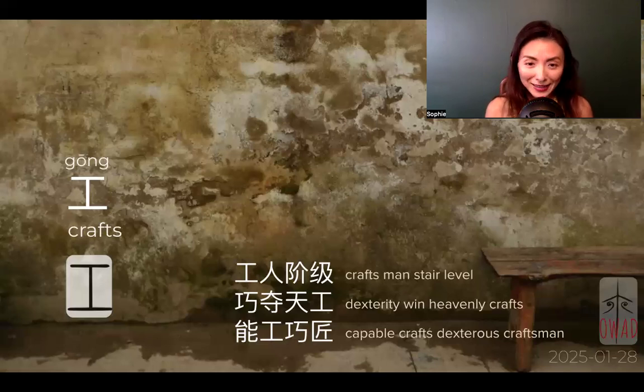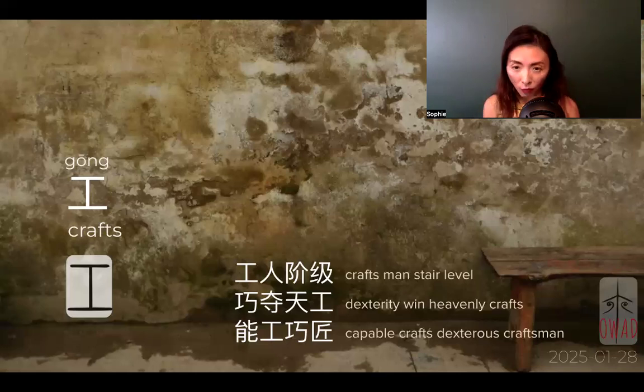So that's 工人阶级. Next, 巧夺天工. I translated 巧 as dexterity. It talks about fingers, how you can handle micro movements, how dexterous your hands are. 夺 duo actually means you can win something, or came from grabbing something faster than the other person, so you can outperform something. So your dexterity outperforms 天工, heavenly crafts, meaning nature-made.